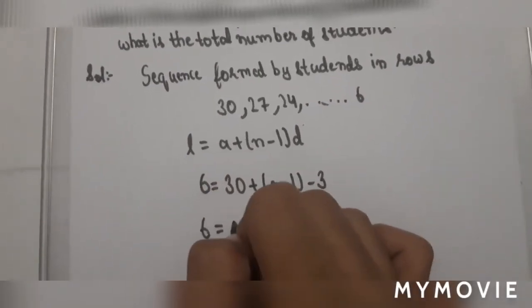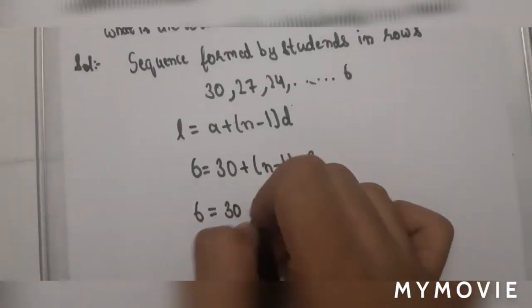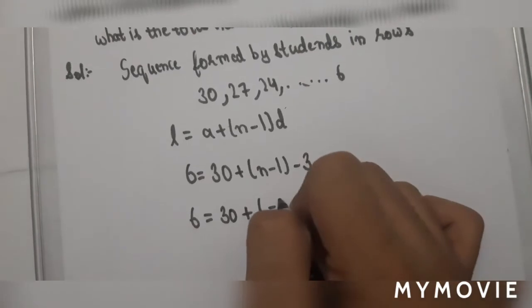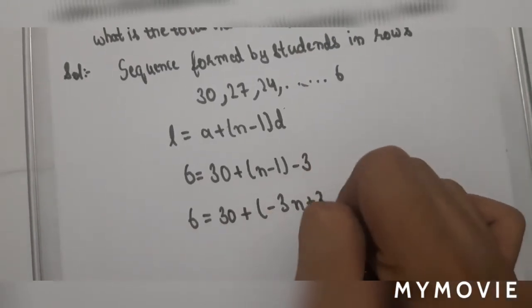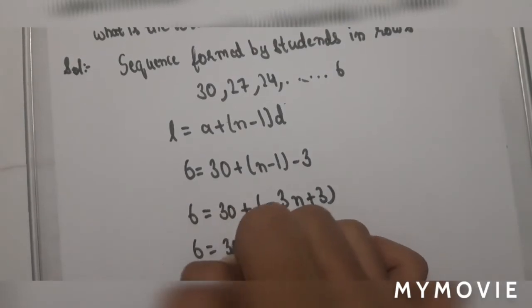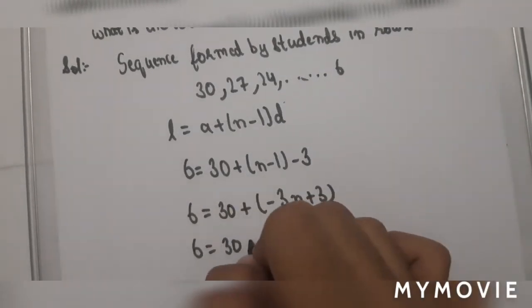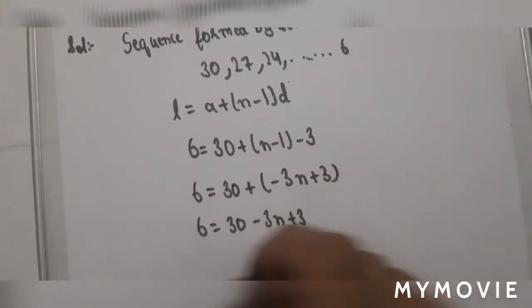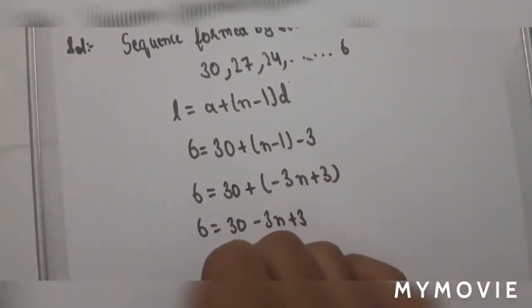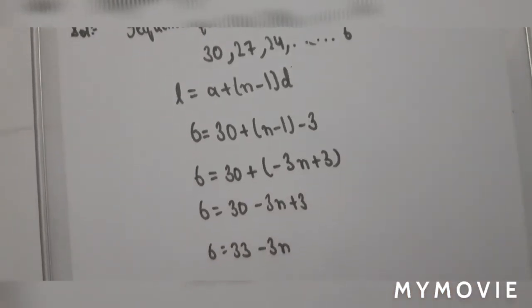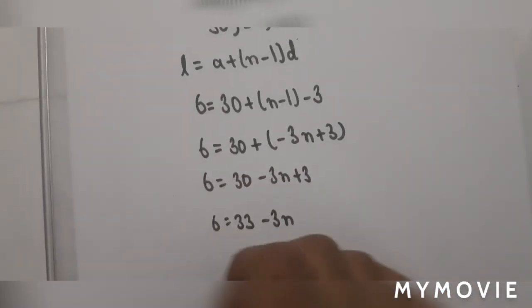So 6 is equal to 30 plus minus 3n plus 3. So 6 is equal to 30 minus 3n plus 3. So 30 plus 3 is 33. So 6 is equal to 33 minus 3n. Take minus 3n that side and bring 6 this side.